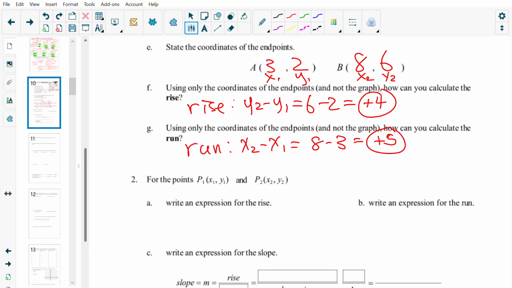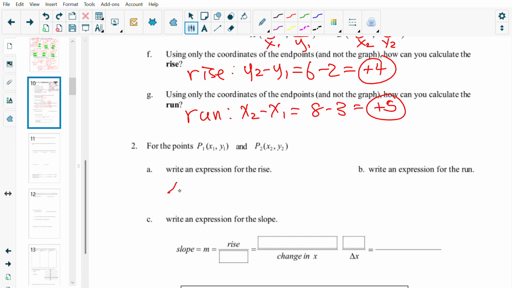For the points P1, x1, y1, and P2, x2, y2, write an expression for the rise. Rise is symbolized by delta y, change in the y values. That's y2 minus y1. Write an expression for the run, symbolized by delta x, change in the x values. x2 minus x1.